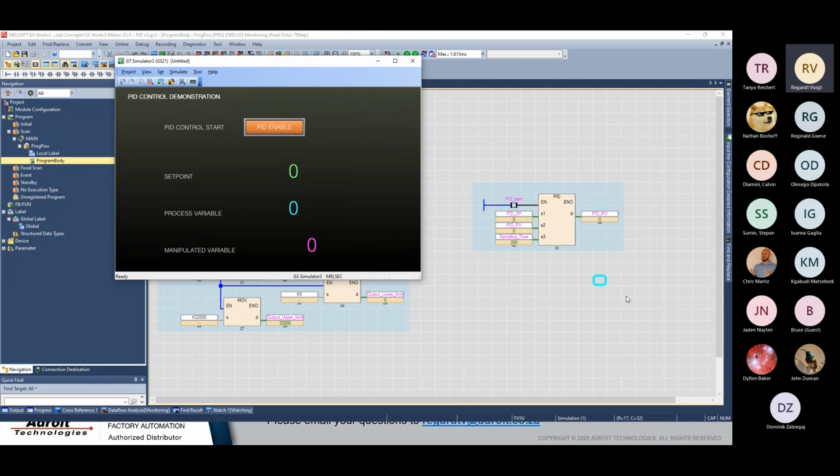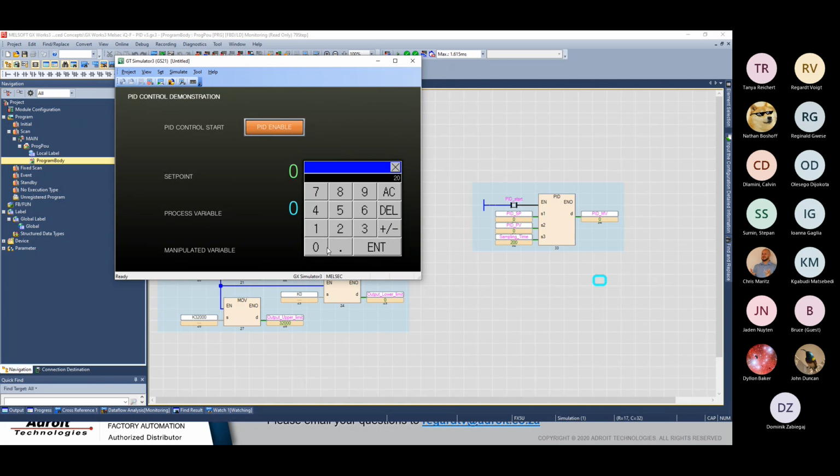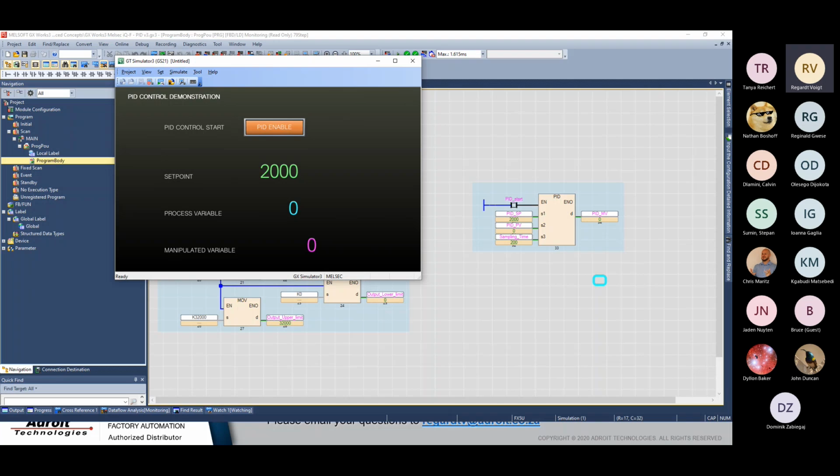Okay, now, so let's say we've got a set point of 2000. Okay, because this will be your scaled input coming from your field. Actually, this will be your user-defined process variable.